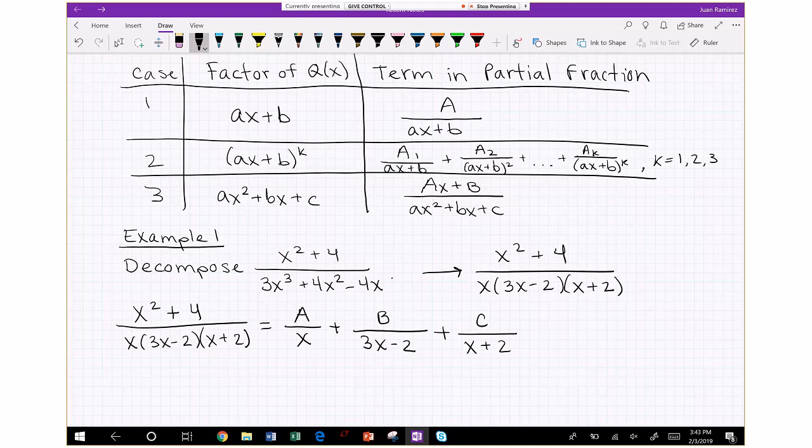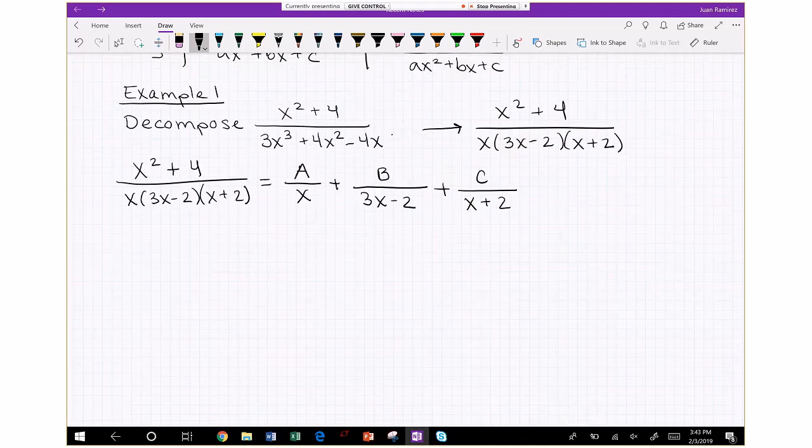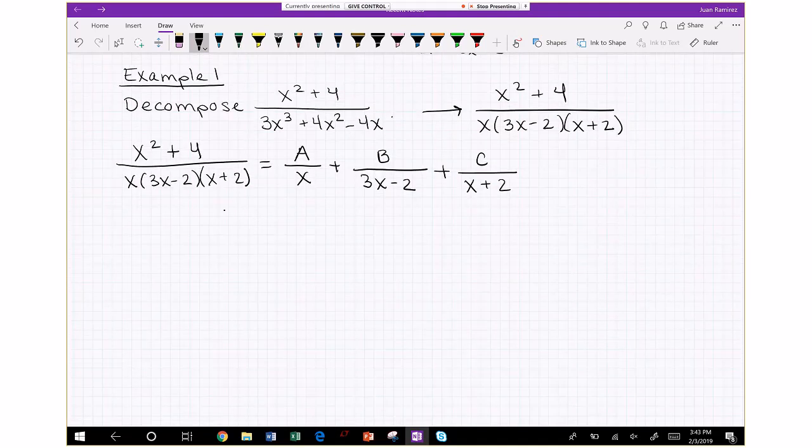Now, I will try to solve for capital A, B, and C. So once we've set these partial fractions equal to the sum of the terms associated with each factor, we're going to create a common denominator. Alright, so how do I do that? If we recall, we'll multiply the A over x term by 3x minus 2 times x plus 2 on both sides.